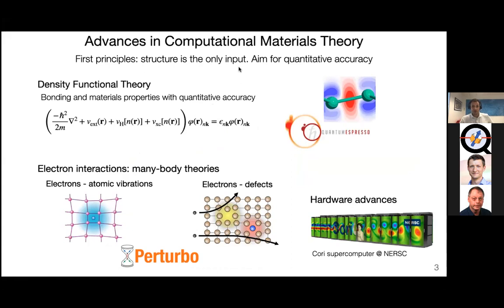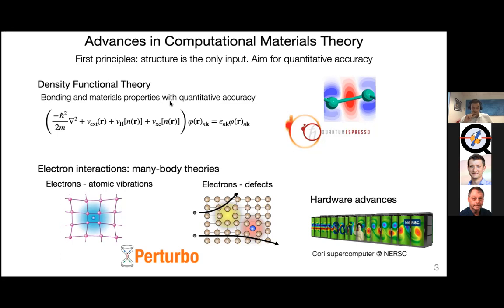And without using any free parameters in the theory or any information from experiment, they aim to make quantitatively accurate predictions. Now, the workhorse in this field is density functional theory, which can be used to investigate bonding and the ground state properties in materials with a good trade-off between accuracy and computational cost.